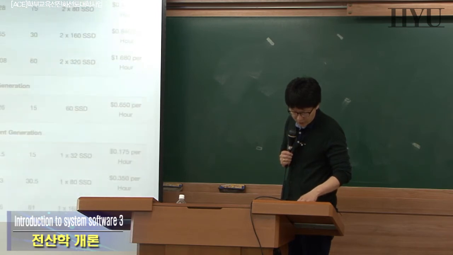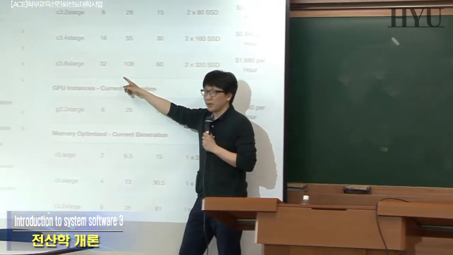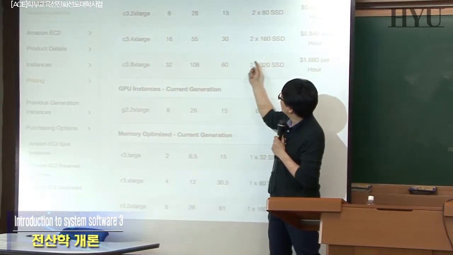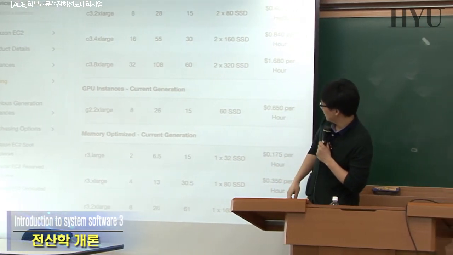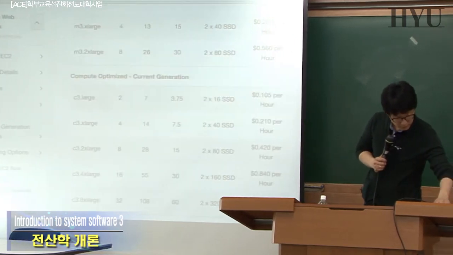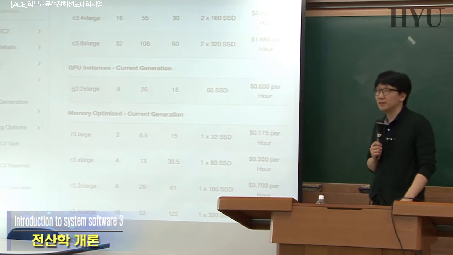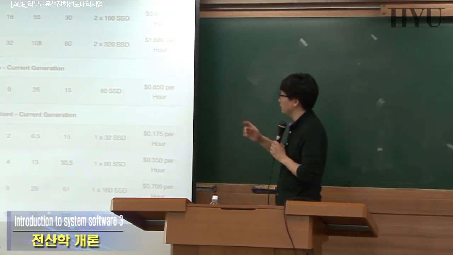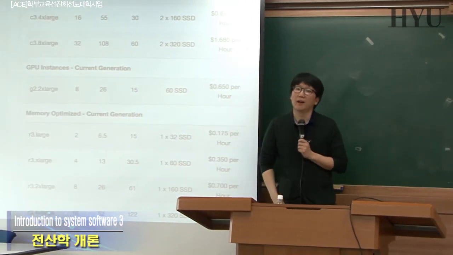그죠? Sometimes you can even borrow this: 32 CPUs, and 60 gigabytes of memory, I think. And this is how much they ask for: $1.60 per hour.